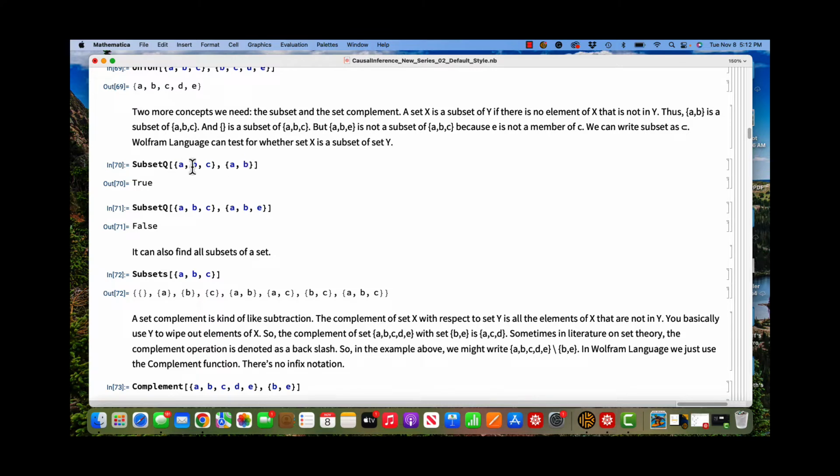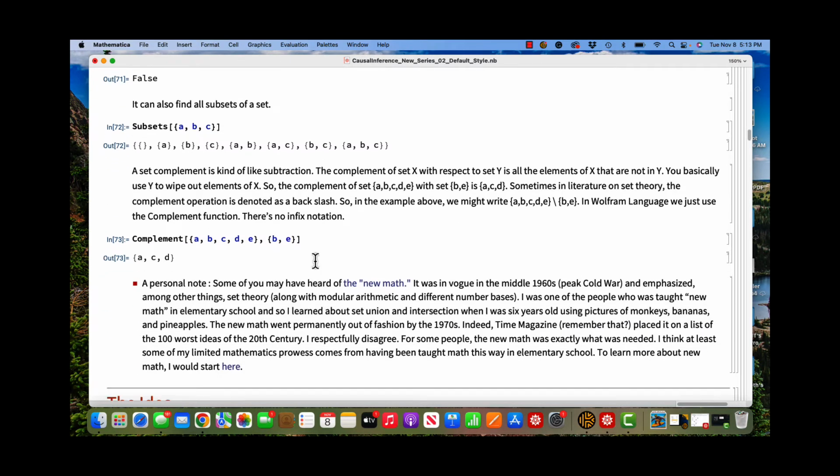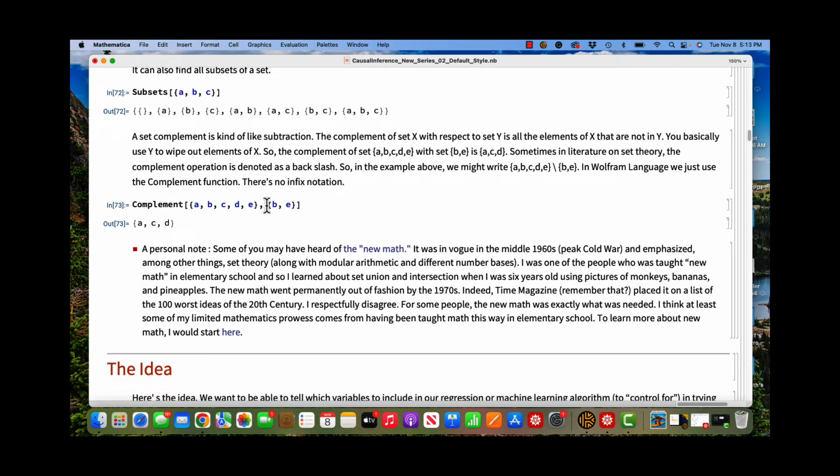So AB is a subset of ABC, but ABE is not a subset of ABC because E is not a member of ABC. And we can find all the subsets of a set with the subsets command, so the subsets of ABC are listed here.